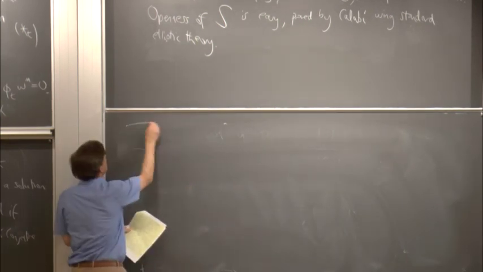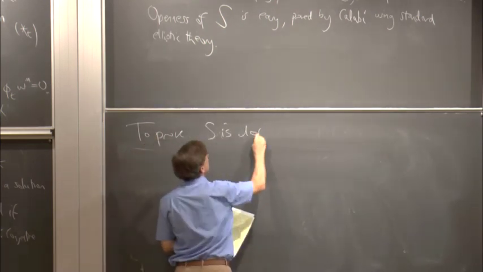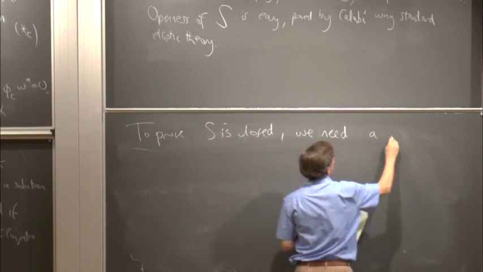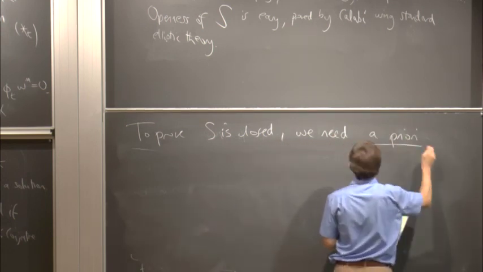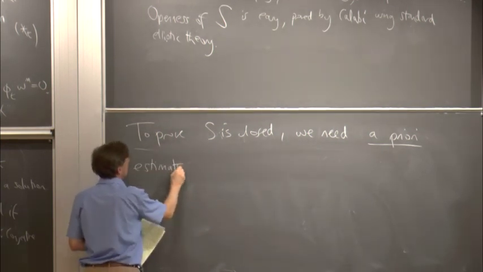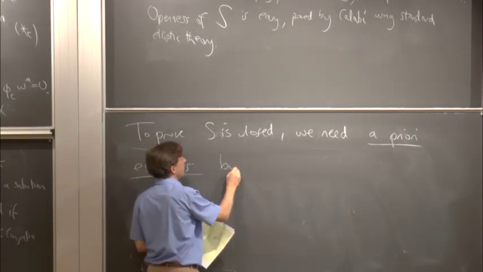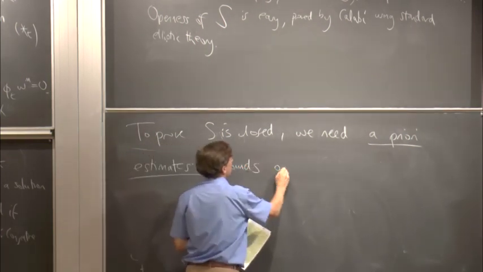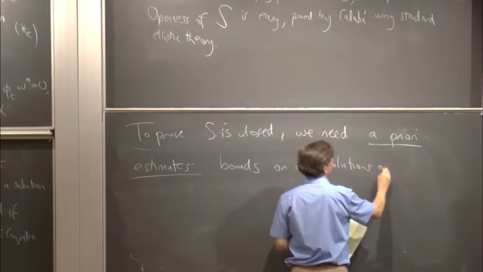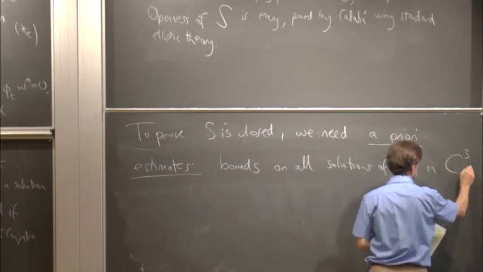So to prove S is closed, we need a priori estimates, things that say that basically bound all solutions of star t in the Banach norm C^3.